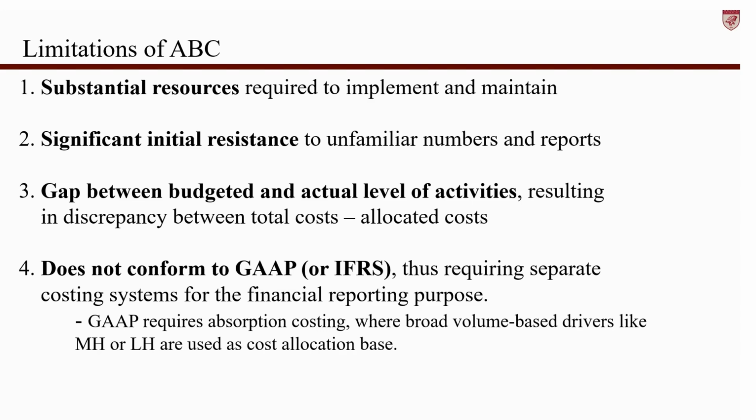The counterpart of absorption costing, which we will learn in chapter 9, is called variable costing, where we don't include the fixed resources in the COGS. But the key difference between absorption costing and variable costing is whether or not we apply and include the fixed resources in the cost of goods sold. And if we do include those fixed resources, then we say we apply absorption costing.